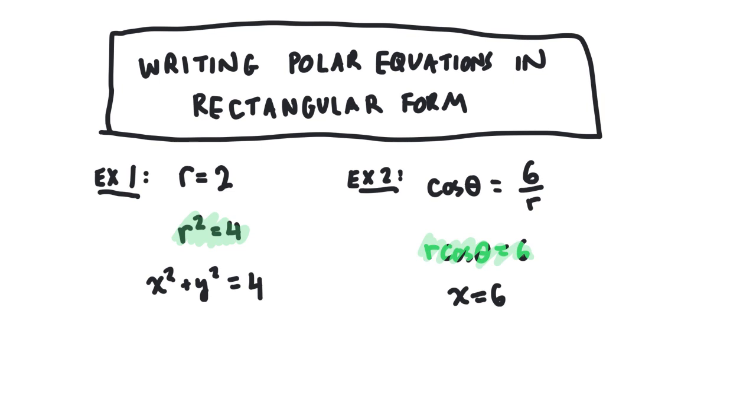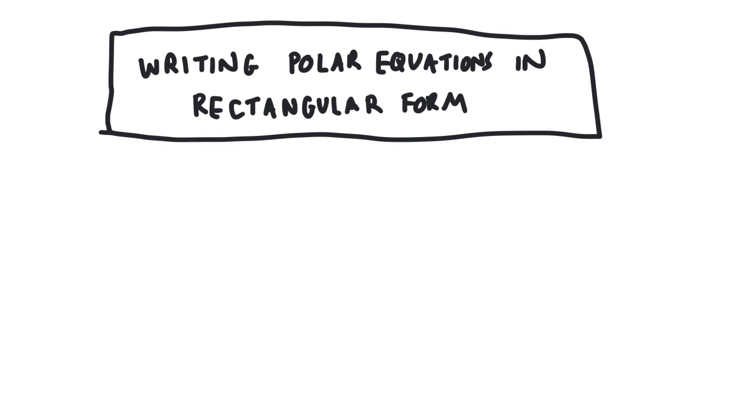The reason those strategies are so powerful is they're able to create the equations that we saw at the very beginning, that x squared plus y squared equals r squared, and r cosine theta equals x, and r sine theta equals y. So you're able to substitute using those formulas, so to speak. Let's look at one last example. This example, you'll see, utilizes both of those strategies in the same problem.